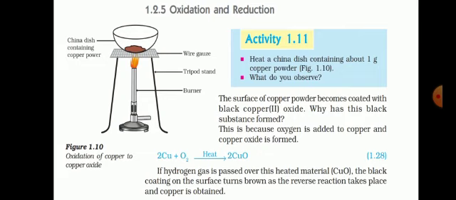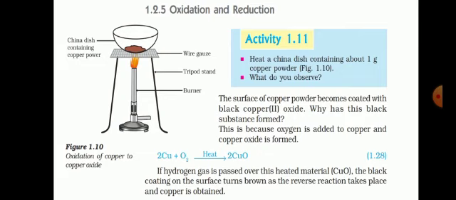If hydrogen gas is passed over this heated material, that is if I am adding hydrogen gas to the CuO, that is plus H2, the black coating on the surface turns brown as the reverse reaction takes place and copper is obtained. So when you add hydrogen gas to this end product, that is CuO plus H2, you are going to get a brown substance, that is your copper.